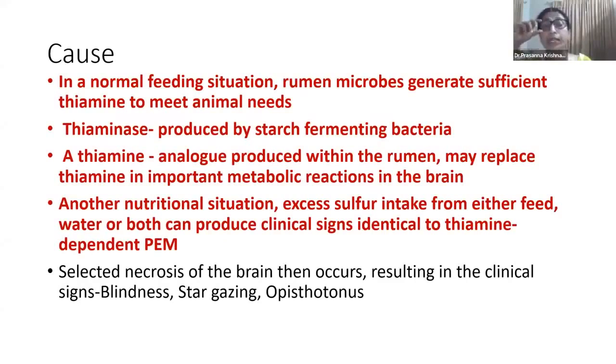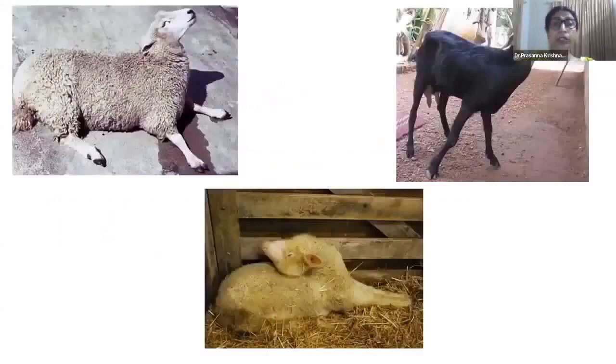Another nutritional situation, excess sulfur intake from feed or water, can produce clinical signs identical to thiamine deficiency. So there is no functional thiamine wherever it is required for cerebral functions. There is necrosis of the cerebral cortex. The neocortex shows degeneration and necrosis. That leads to the nervous signs: blindness, stargazing, opisthotonus, all those conditions.